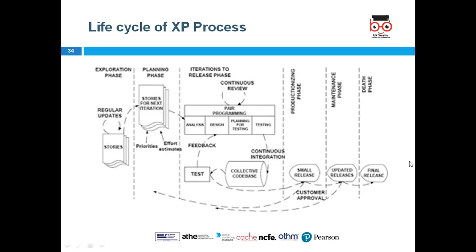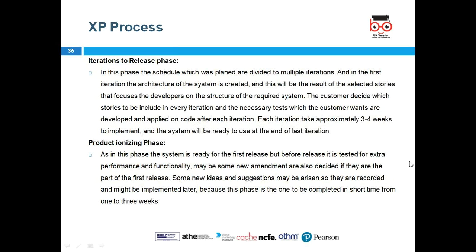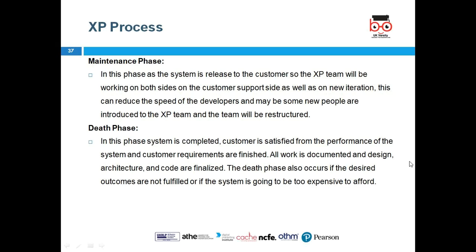So that's basically extreme programming, and like I said, every system development has these four phases, so they have given names to these phases: exploration phase, planning phase, iterations to release, the productionizing phase, which is when the system is ready for the first release, and maintenance and death phase.